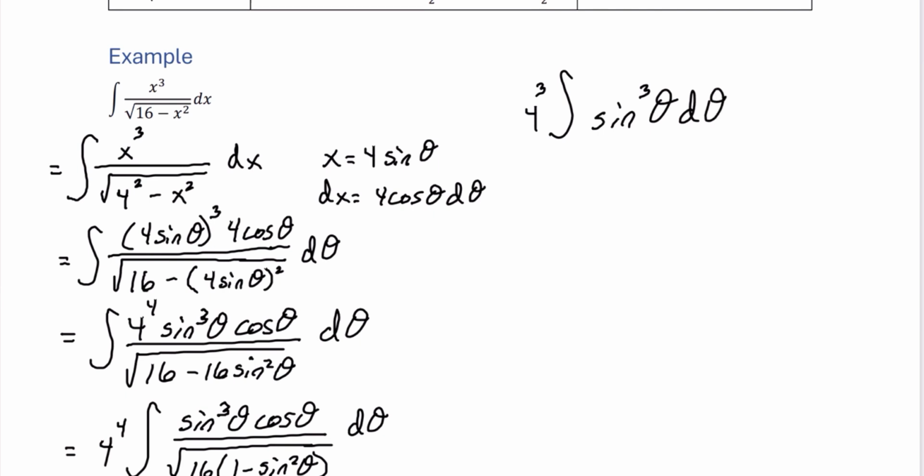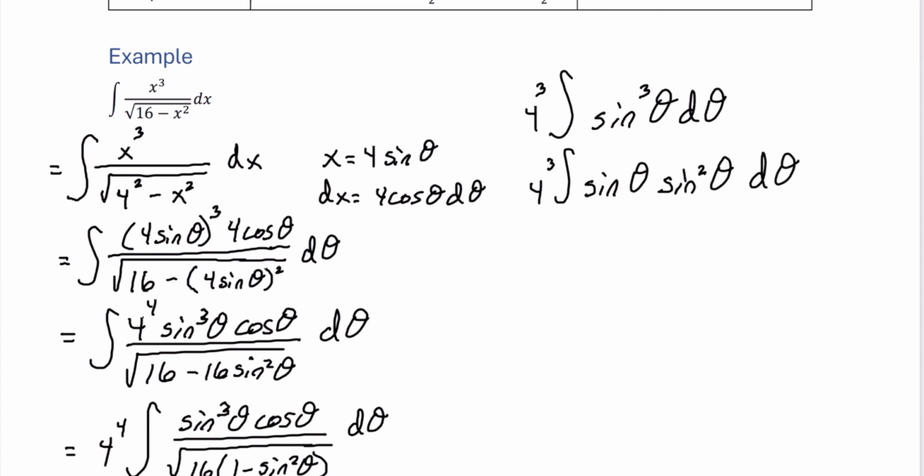Remember, when we have odd powers of sine and cosine, we can rewrite those integrals and use the Pythagorean identity to help us evaluate them. So here, with 4 cubed, we want to pull out one power of sine theta. We'll be left with sine squared theta d theta.